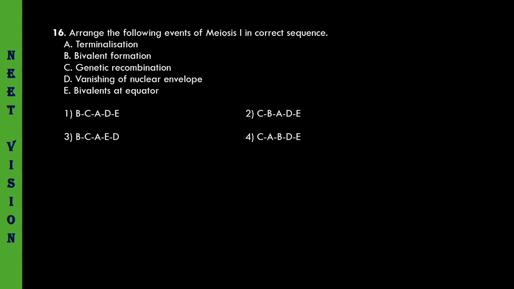Arrange the following events of meiosis 1 in correct sequence. In perfect sequence, we have to identify or arrange; you have to remember all these meiosis 1 events. Terminalization: the first event in diakinesis, which is the last substage of prophase 1.